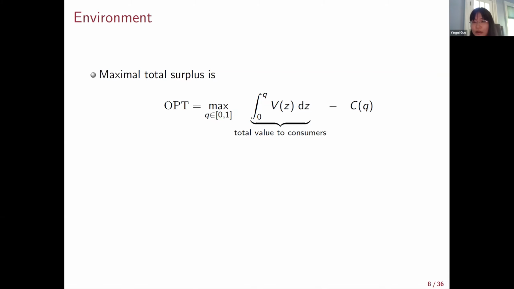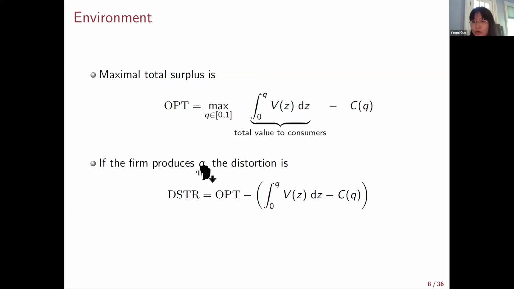Now, if the firm chooses to produce Q, the distortion in terms of production is the difference between the maximum total surplus and the realized total surplus given this quantity Q.